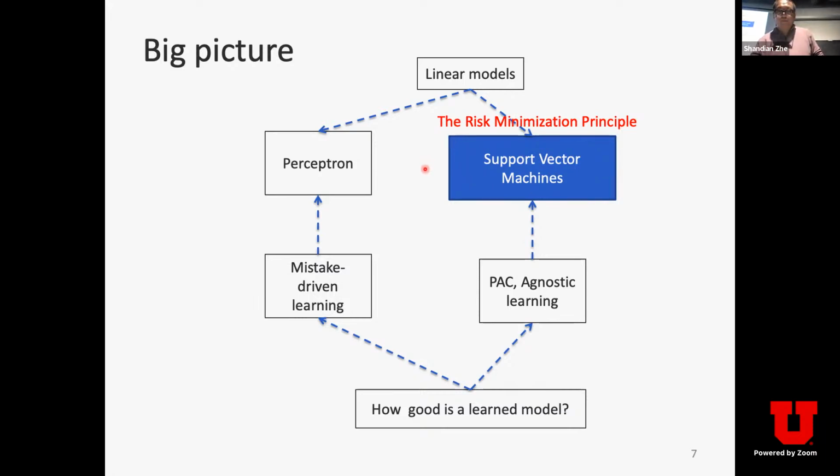Of course, based upon how you define a good learning model, you can motivate other linear learning algorithms, for example probabilistic learning for linear classifiers like logistic regression and naive Bayes, which we're going to discuss later.